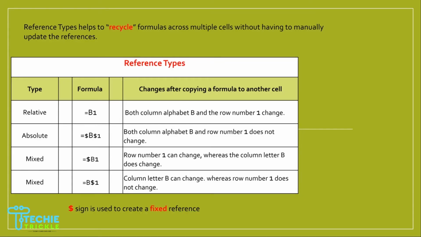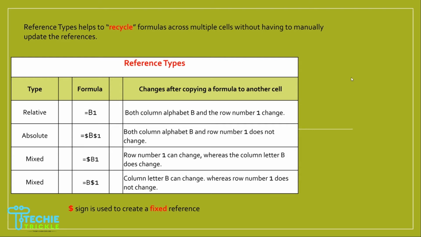In this lecture, we are going to discuss reference types. Now, we may be confused and not know what a reference type is, so let's see. In Excel you have a relative type and an absolute type, and then you can have mixtures of those.